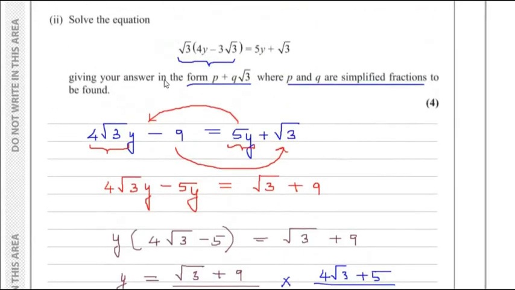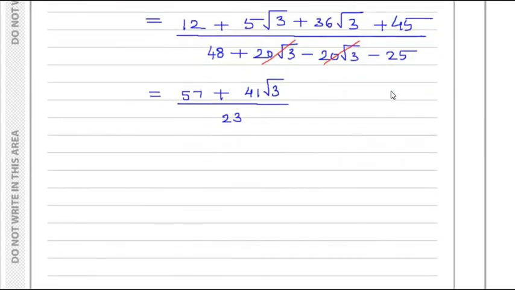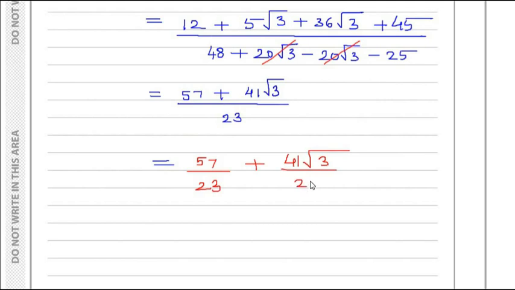So now we'll check with the format they want. That should be p + q√3, where p and q are simplified fractions. So one more step we can add is to split the numerator and write it as 57 over 23, the denominator going to each numerator, plus 41√3 over 23.